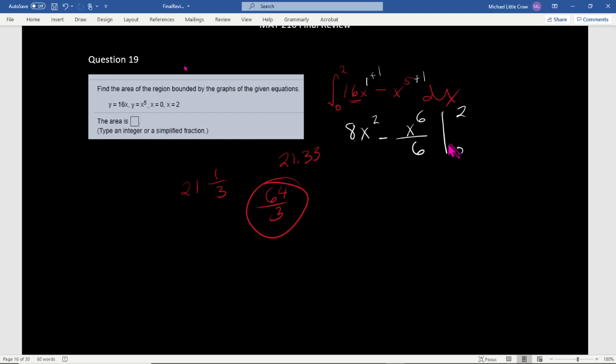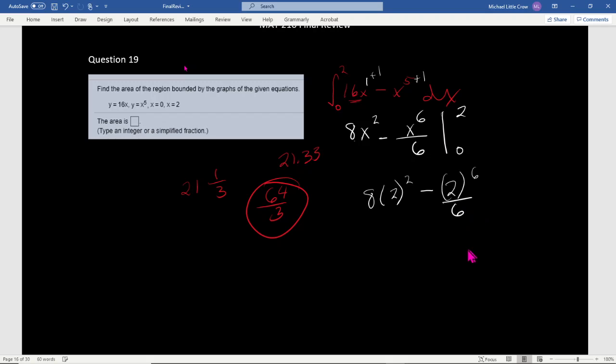Now the nice thing is when we plug in 0, both terms become 0, so we don't have to worry about the bottom half, just the top half. So we go with 8 times 2 squared, minus 2 to the 6th divided by 6.